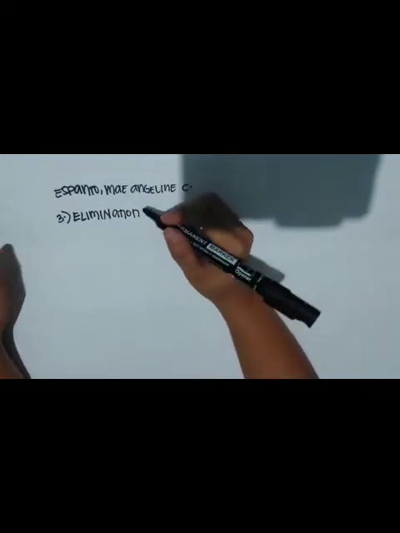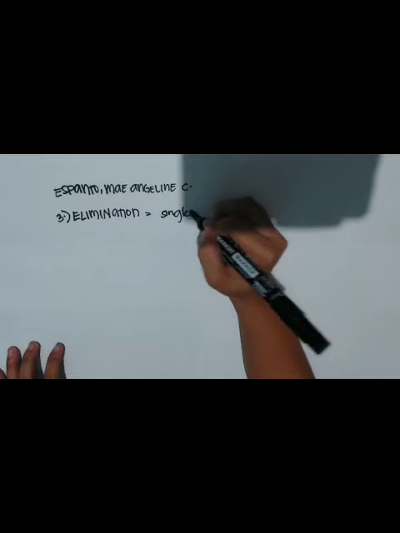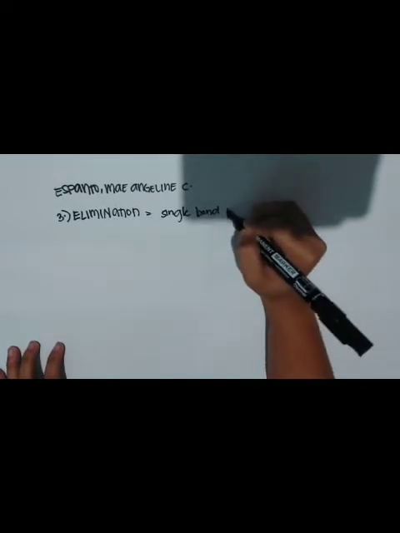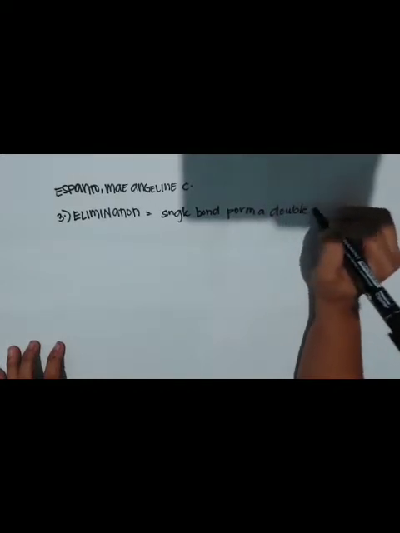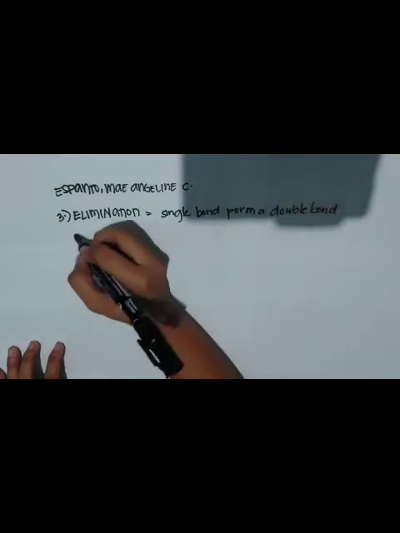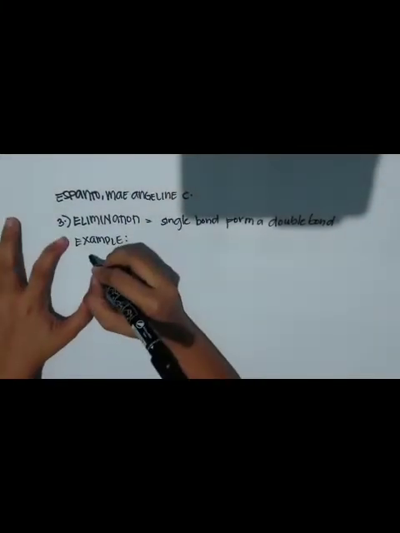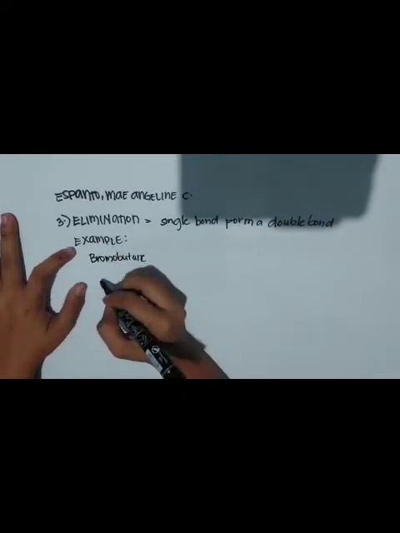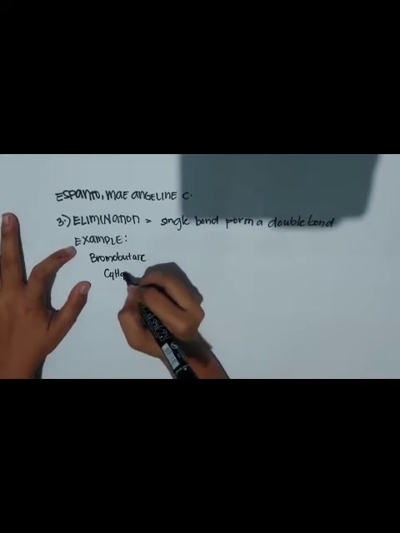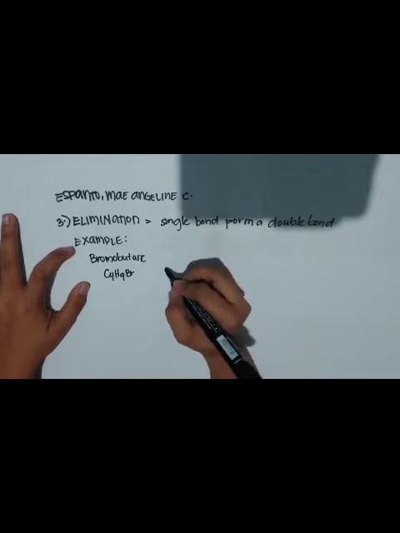So the simplest meaning for this is a single bond forming a double bond. So for example, we have bromobutane, which has a chemical formula of C4H9Br plus the nucleophile, which is negative OH.